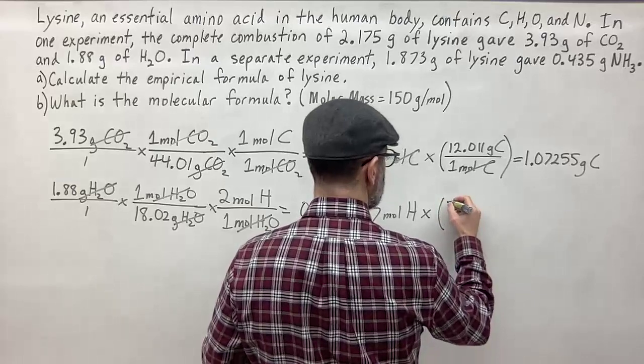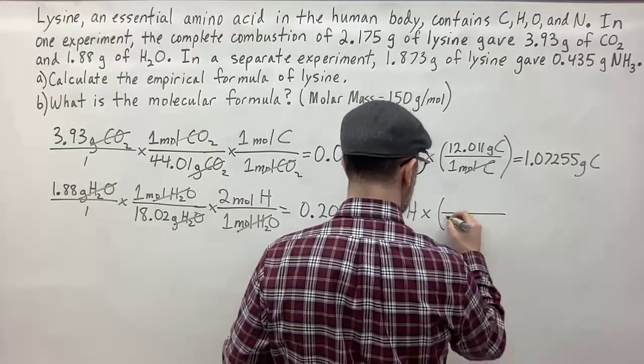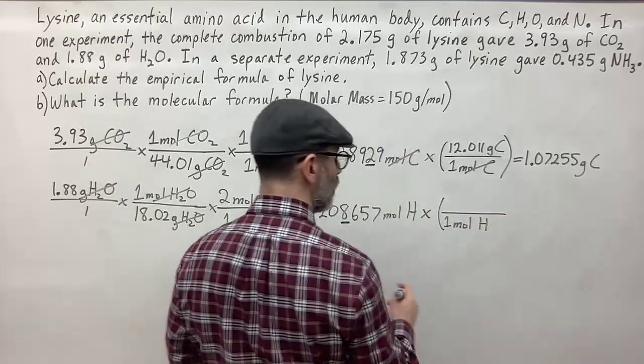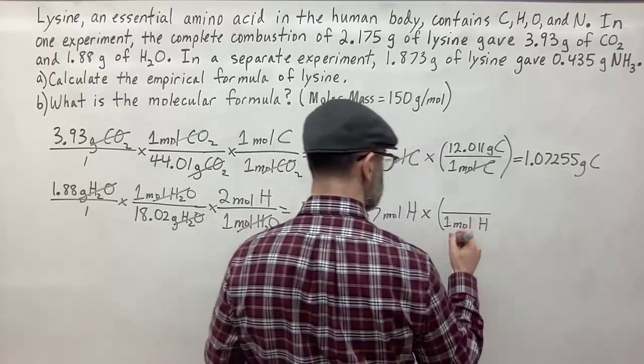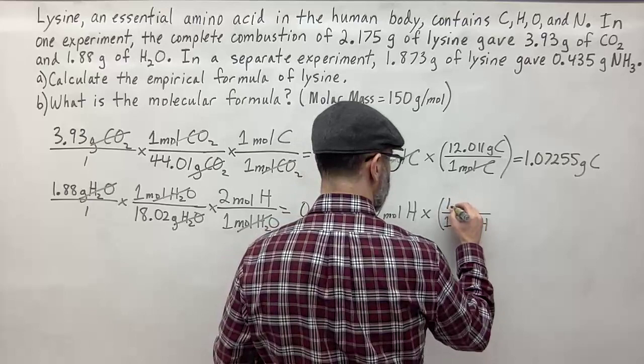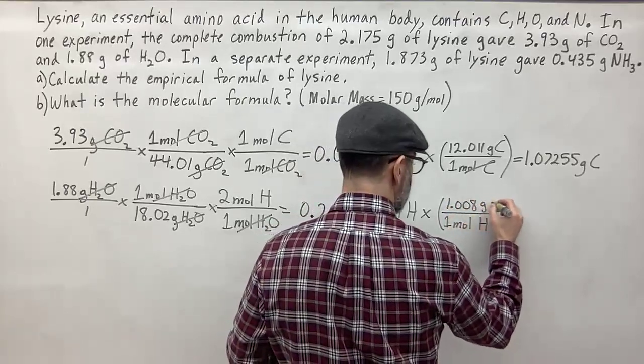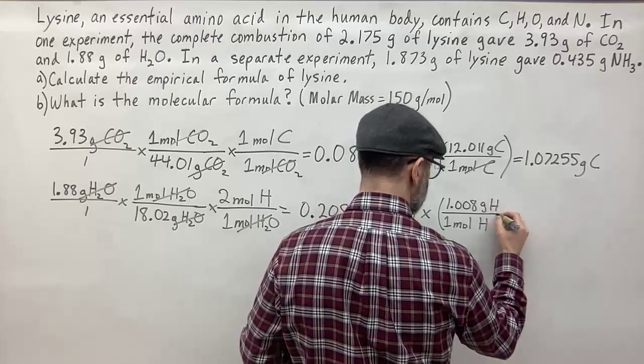And if I do the same thing with hydrogen, I'm going to multiply this by its molar mass. So I put 1 mole of hydrogen on the bottom, and I put 1.008 grams of hydrogen on top.